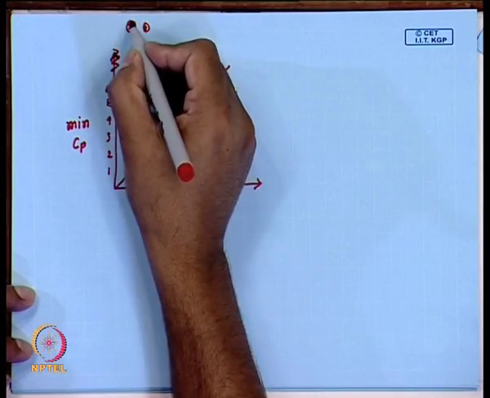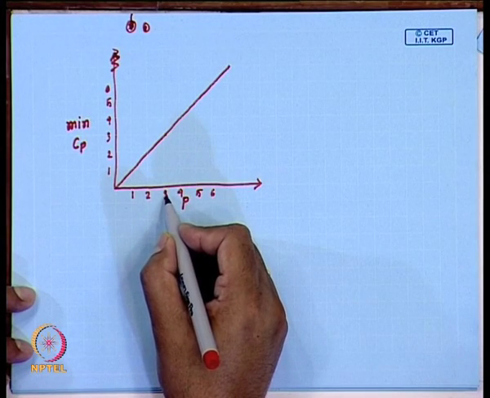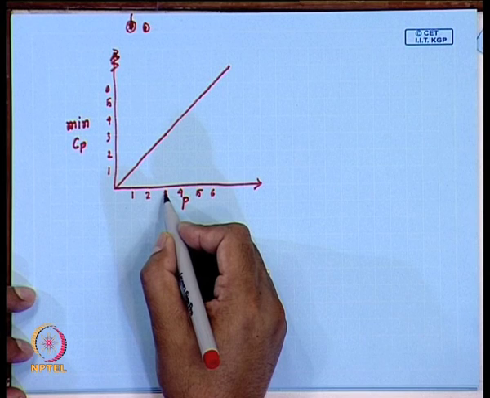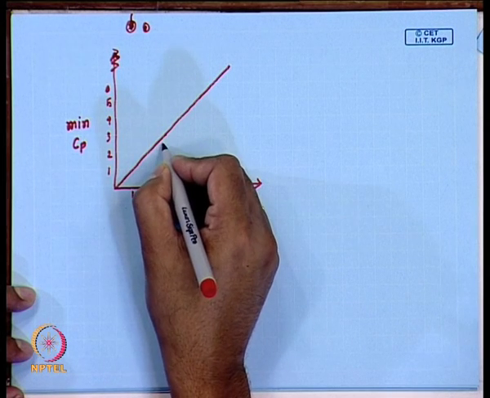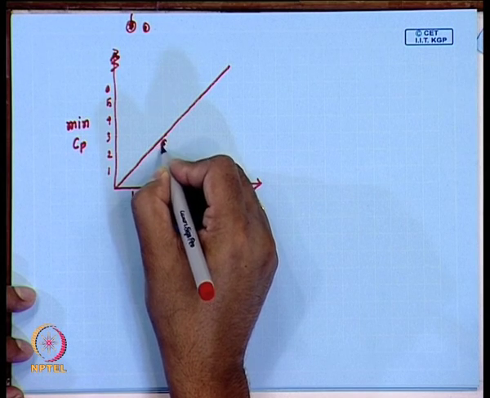So, for p equal to 1 it is somewhere here, and for p equal to 3 it is 2.68, so it is below the line.